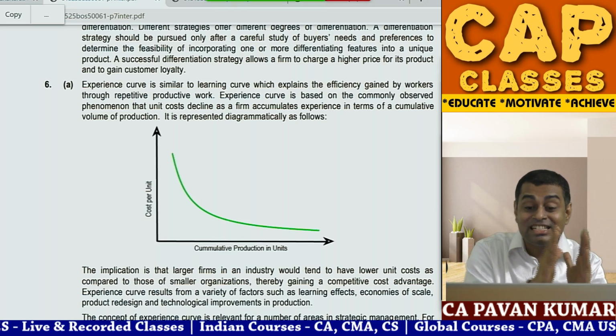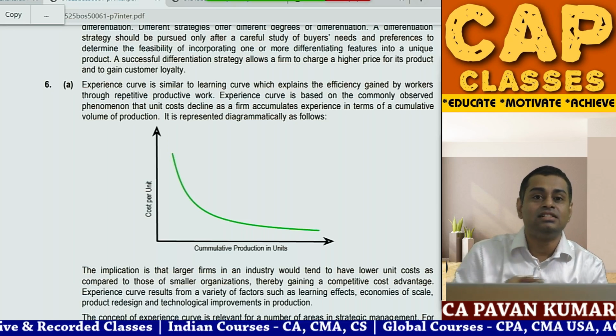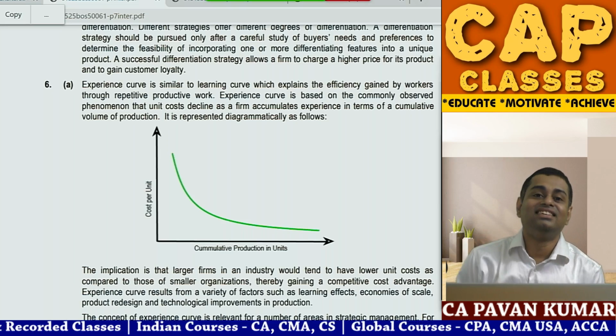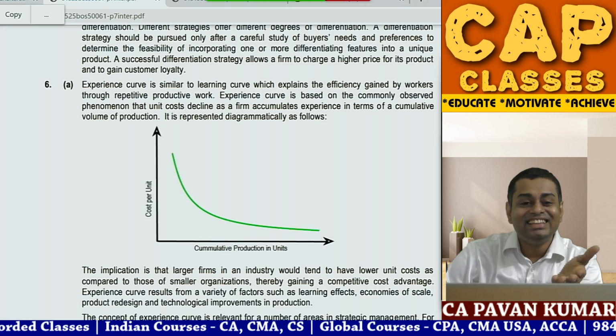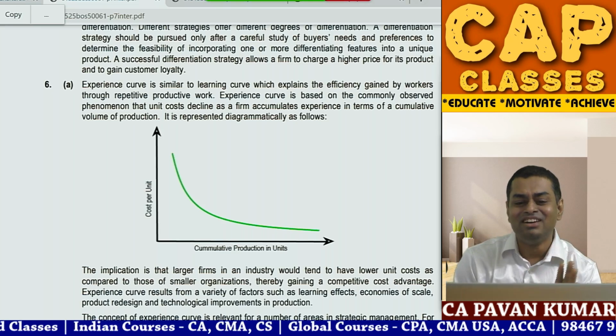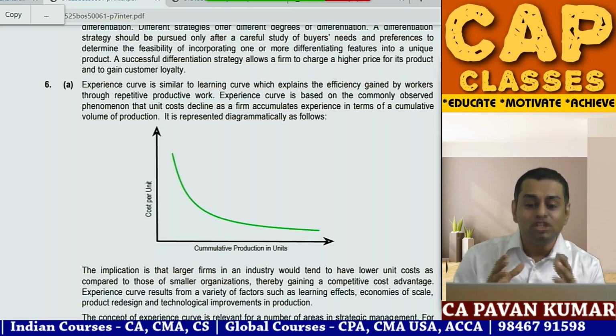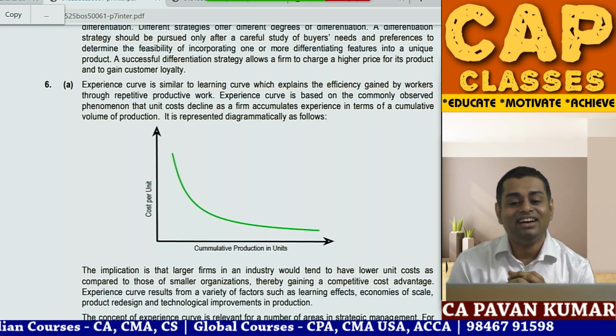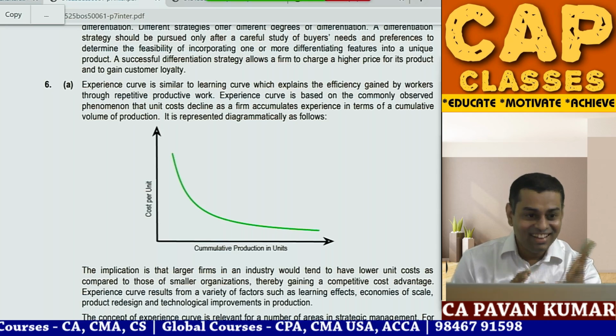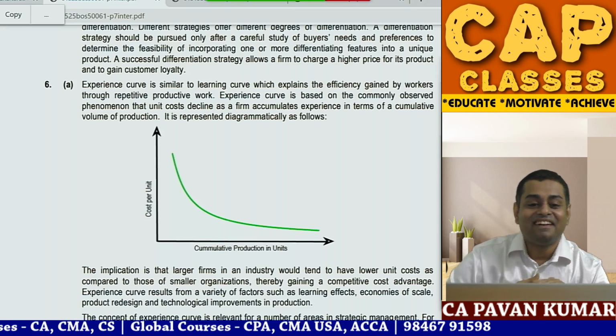Do you remember introduction, growth, maturity, decline? This is not an S-shaped curve. This is how you lose marks. If you do not know, don't be loose-tongued, okay? This is the experience curve.